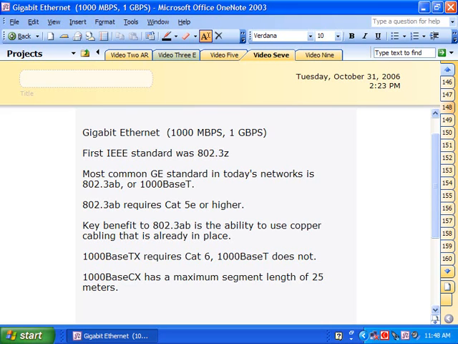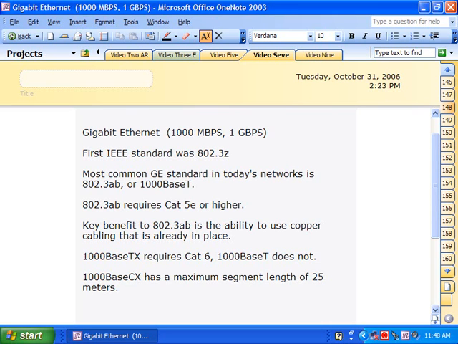We've now moved up to Gigabit Ethernet, and not to badmouth regular Ethernet or Fast Ethernet, because Gig Ethernet is certainly getting more prevalent every day, but it's not something you see on every PC or anything like that, certainly yet. Gig Ethernet runs at 1 gig per second or 1,000 meg per second, which is why I put both of those values at the top.